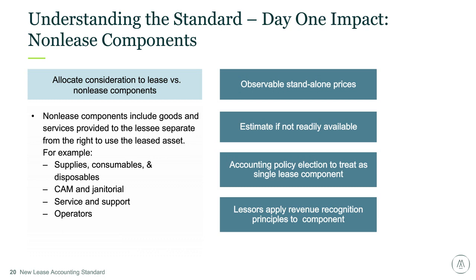Thanks, Findley. The key portion that we'll talk about in this slide are non-lease components. Non-lease components include goods and services that are provided to the lessee, which are separate from the right-to-use leased asset. As a general concept, ASC 842 requires lessees and lessors to assess the direct component which is associated with that leased asset.